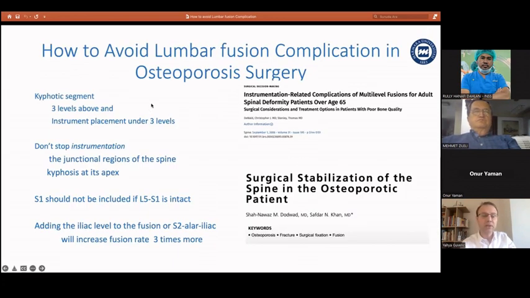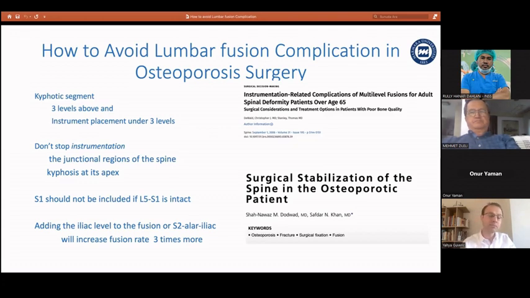And another issue is how to avoid lumbar fusion complications in osteoporosis surgery. For example, we avoid using instrumentation in osteoporosis patients. If osteoporotic patients come to us, we try to use minimally invasive techniques, for example, kyphoplasty or vertebroplasty.